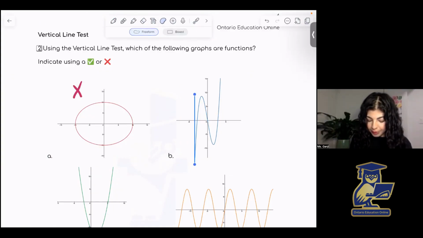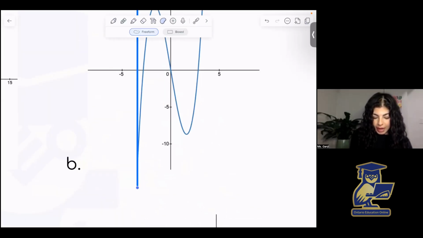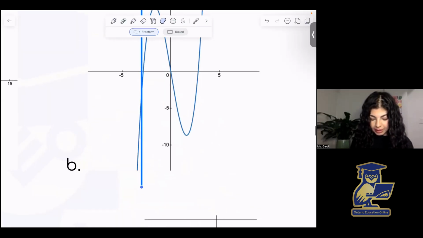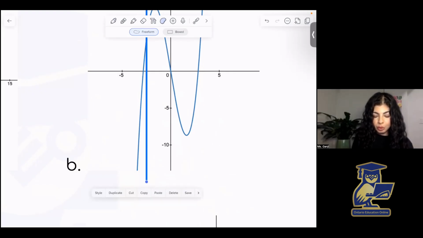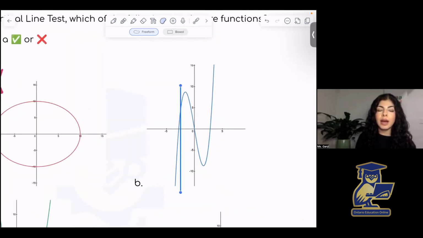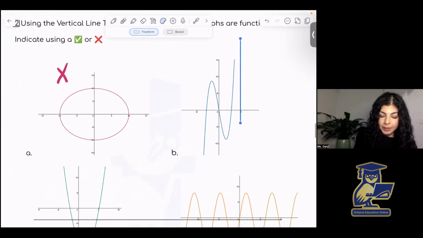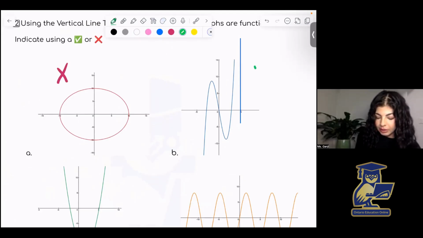This one, however, and don't let your eyes be fooled, because it kind of looks like a straightish line here, or like there are multiple points. But if you keep zooming in to get very close to one individual point, you see that it will actually pass the vertical line test. And this is one of our main functions as well.